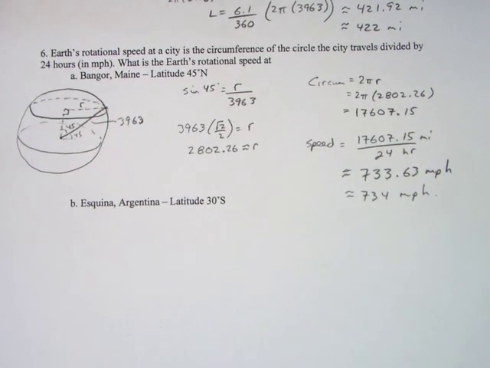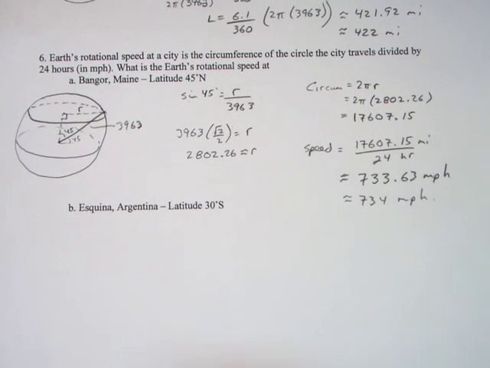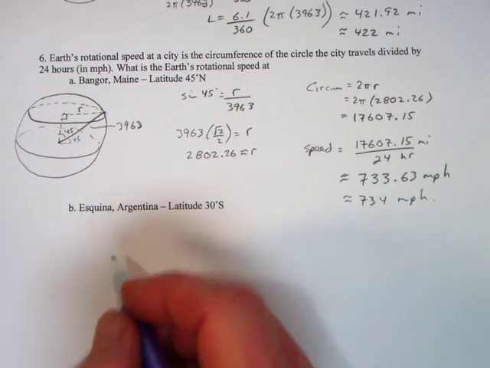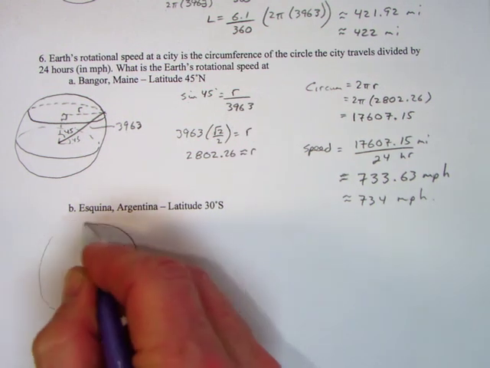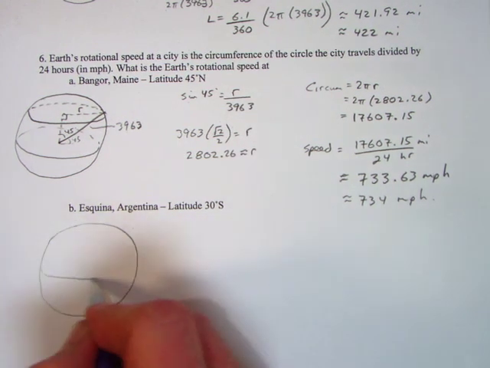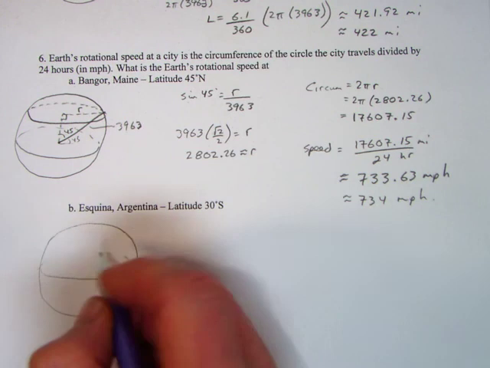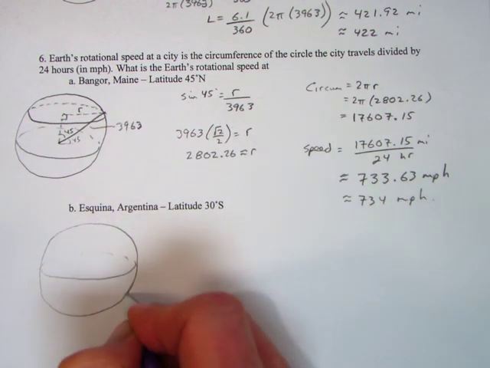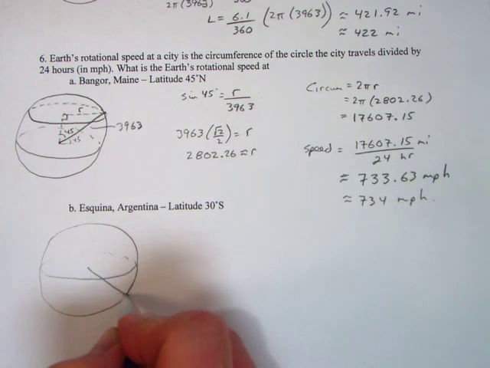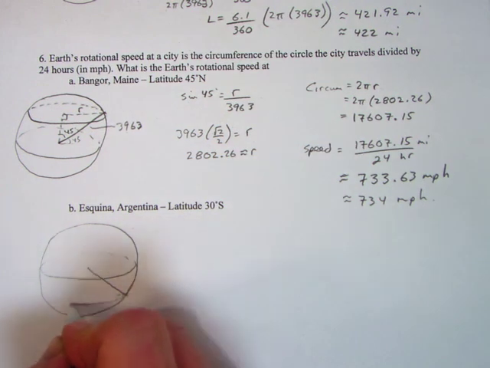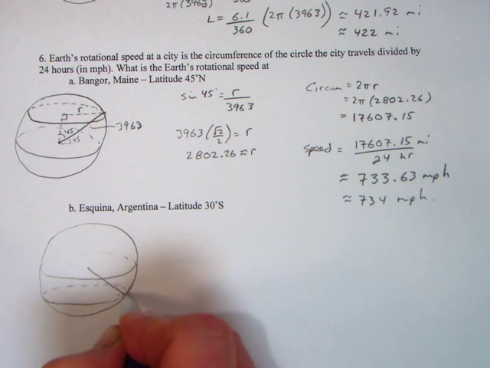The last one is very similar, except this time you are going to be dealing with the southern hemisphere. So it's going 30 degrees south, and we will have its circle something like this. We'll have a radius here.